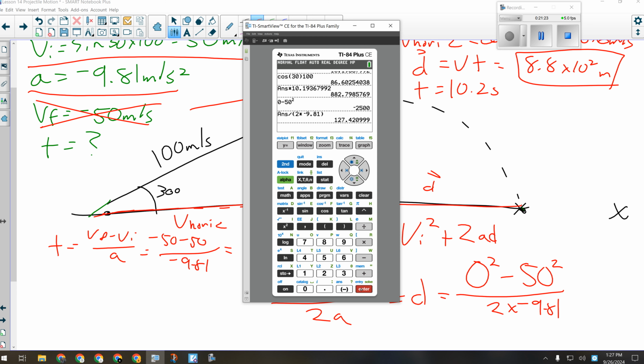So that object is going to reach a maximum height of 1.3 times 10 to the 2 meters, 130 meters off the ground. It travels 880 meters horizontally and reaches a maximum height of 130 meters. These are some of the things you might get asked for in an angled projectile question.